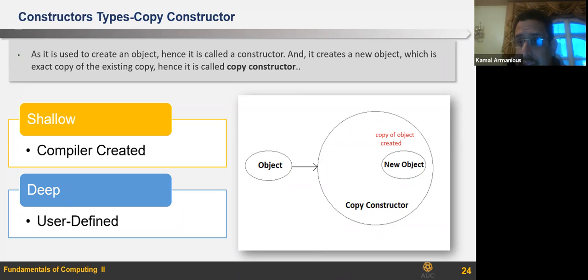So if I make another object called Ala, then Ala's age will be 19 and she is also 175 centimeters. So once again, a copy constructor is making a copy of an existing object to another object.